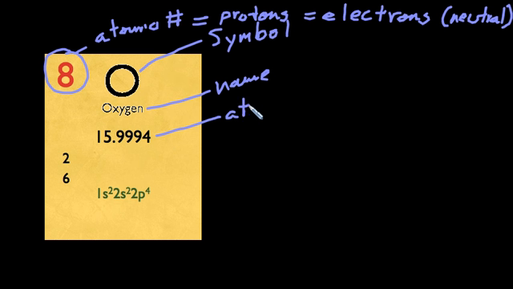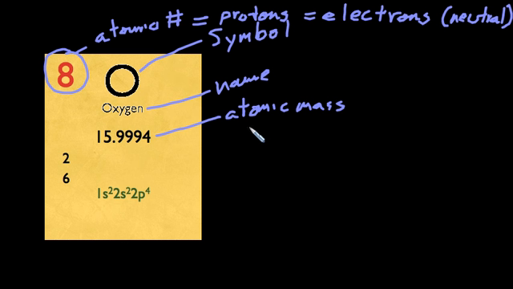Okay, atomic mass. What does this equal? Well, this is the average of all the isotopes of oxygen. So there is oxygen 16 and oxygen 15 in existence. And there's only a few of those 15s, so when you average them all together, you get 15.9994.